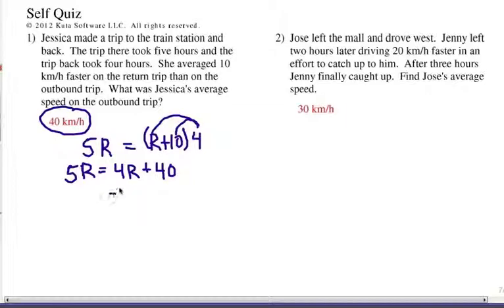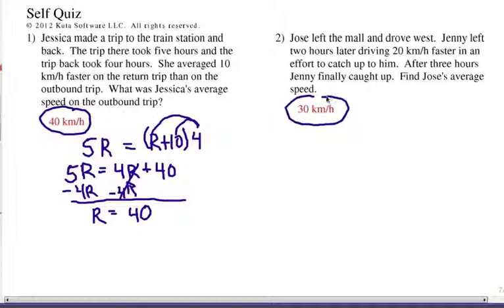Let's subtract 4R from each side, and you'll see that this actually works out pretty nicely. So 1R, or just R, equals 40. And again, we look back at the problem to see what our units would be, and it's kilometers per hour, 40 kilometers per hour.